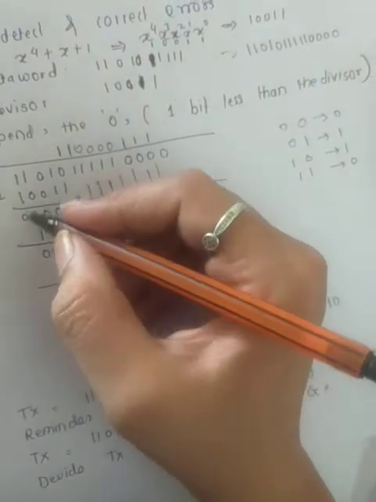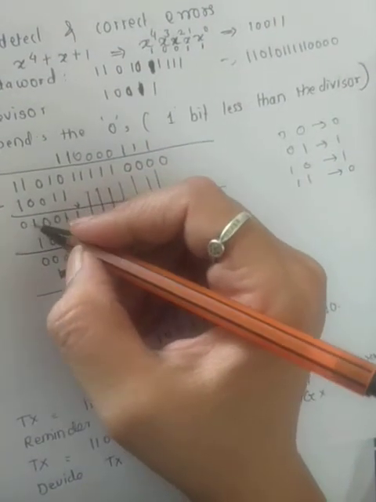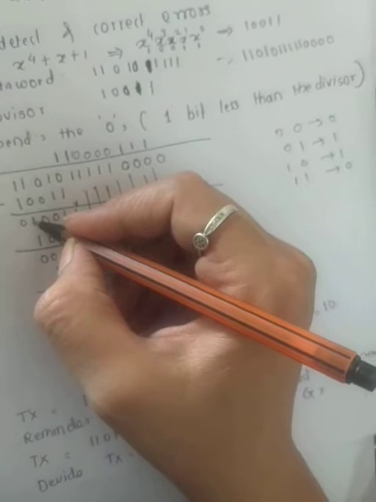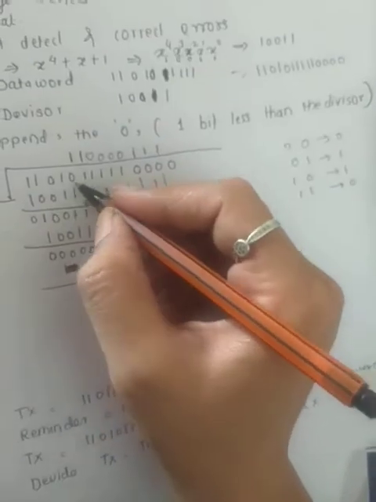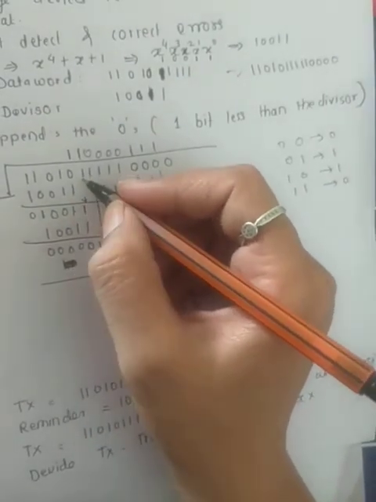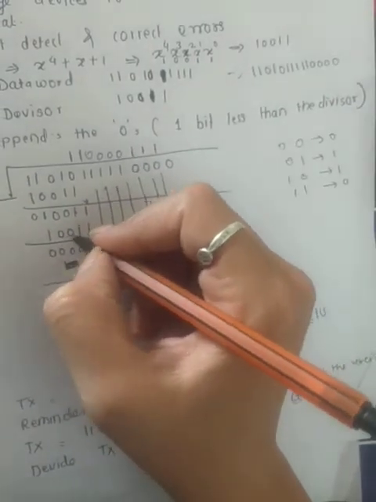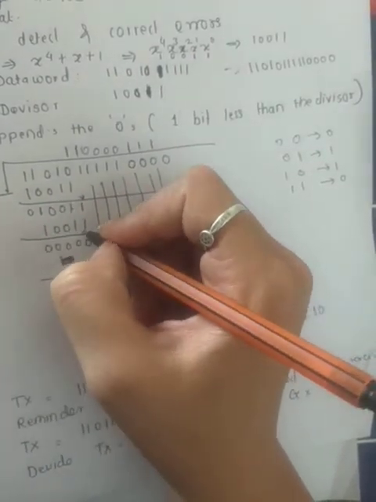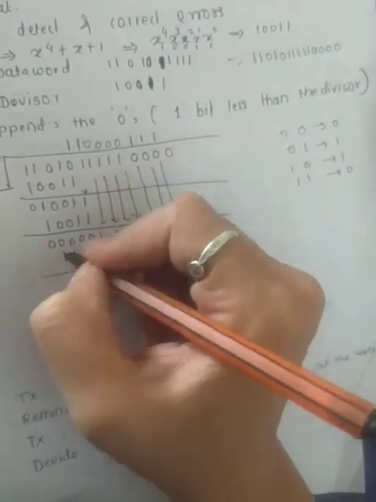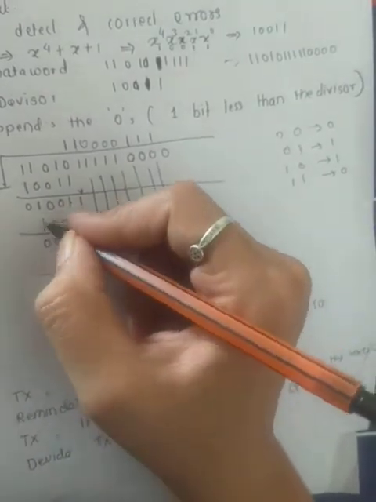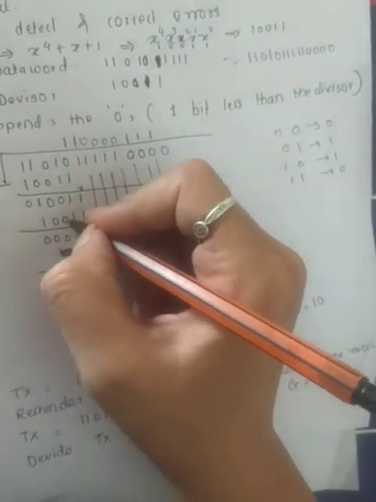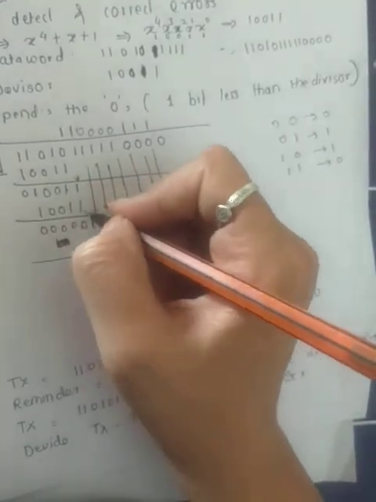Here we consider the first leftmost one, and we take the divisor 1 0 0 1 1 from the upper side. Again we perform the XOR operation. We get 5 zeros, then 1 1 0 0 0 0 0 0 0 1 1 0 1 1 0.